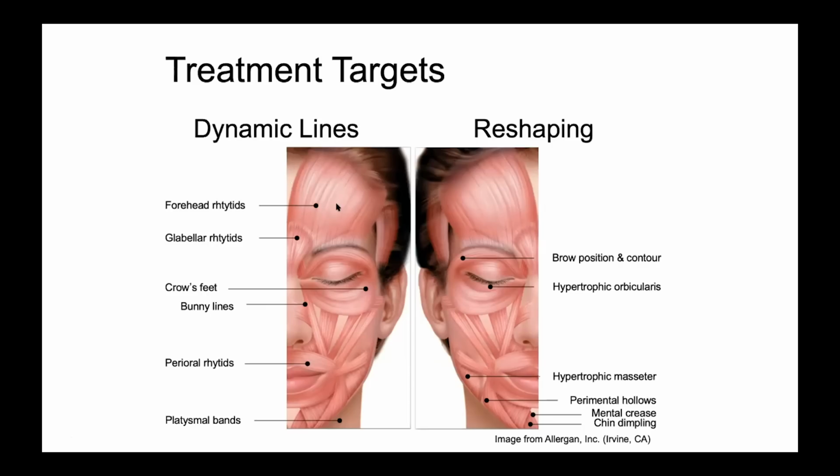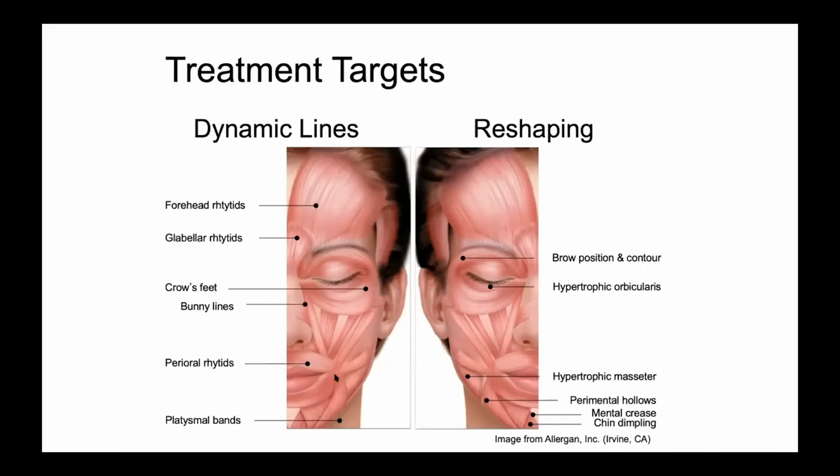So we will see dynamic lines in the forehead when we raise the eyebrows. We'll see dynamic lines in the glabella when we scrunch our eyebrows together. We may see dynamic lines in the lateral orbicularis area. These are the laugh lines or the crow's feet. Bunny lines if we scrunch up our nose, and perioral rhytids, they used to be called smoker's lines, when we purse our lips.